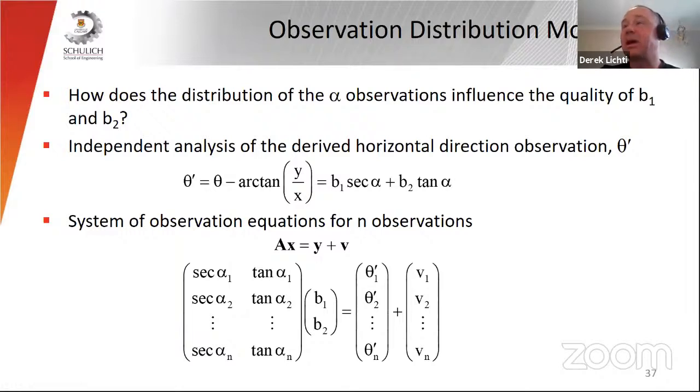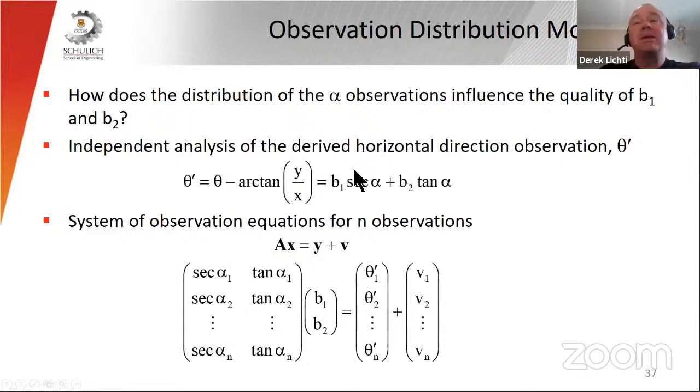To answer that, we can study those 2 parameters independently, as long as we have other good first order network design measures in place for the calibration network. So we have this derived observation, which is just the observed direction minus the functional model from the Cartesian or spherical geometry, equal to B1 secant theta plus B2 tan theta.